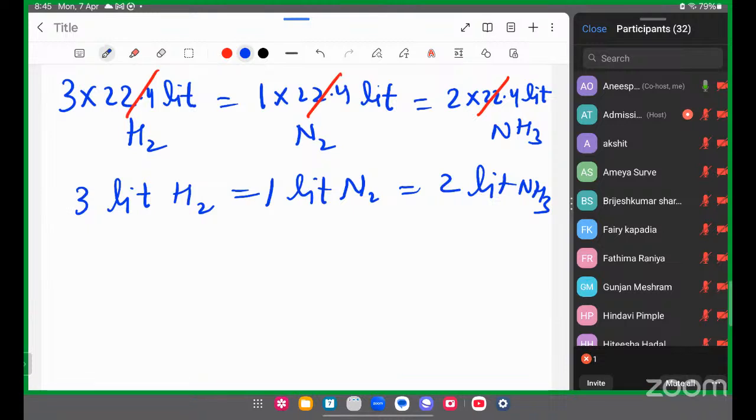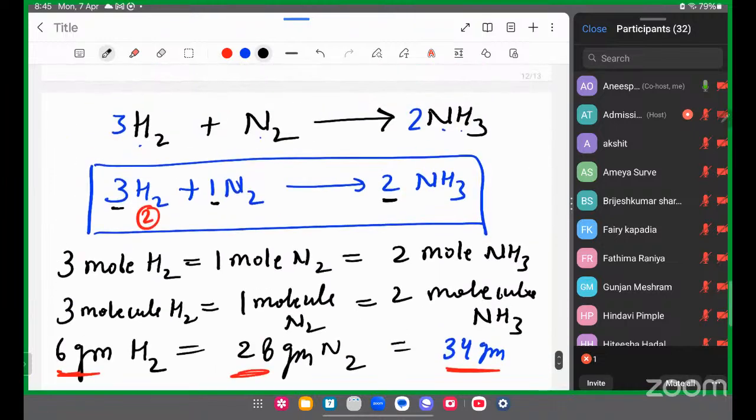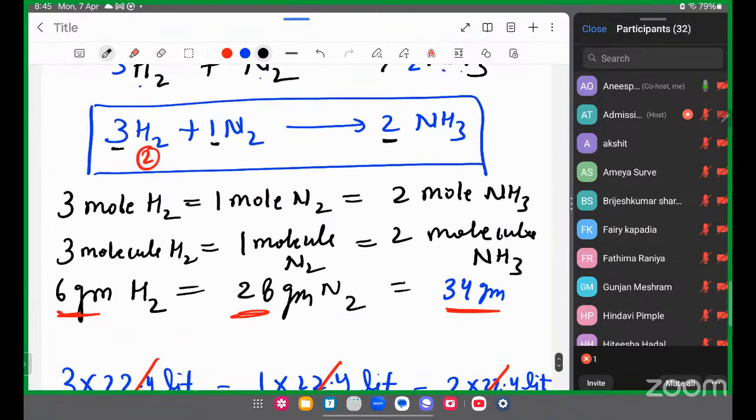Using the stoichiometry, you can get any other information. For example, let's say the question is, in Haber process, if we have 2 mole nitrogen, how many moles of hydrogen will be required? According to the stoichiometry, 1 mole of nitrogen needs 3 mole of hydrogen. So 2 mole of nitrogen will need 6 moles of hydrogen.